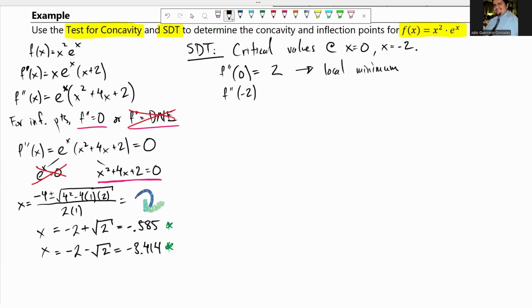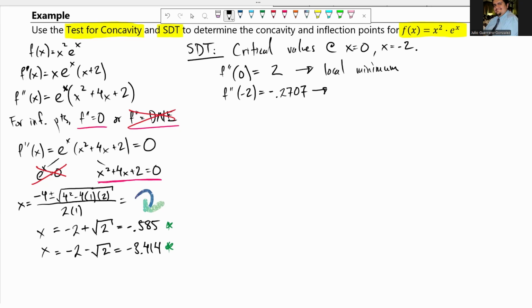If we plugged in f double prime of -2, we get -0.2707, that is a negative value. You go back to the second derivative test.